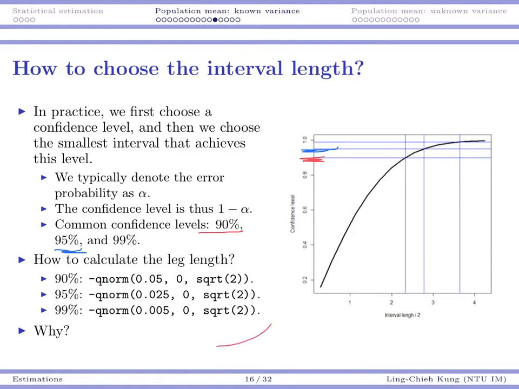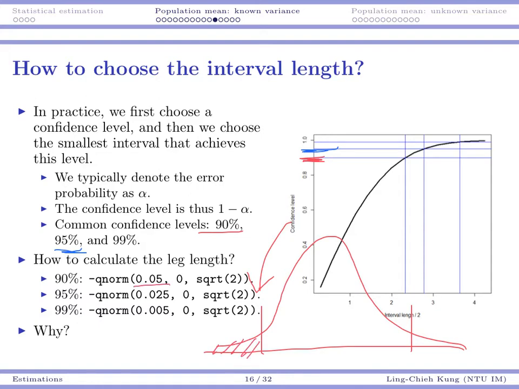Now, we have a normal curve, and we want to ask what's the value here so that the left tail probability is, for example, 5%. When do we use 5%? Obviously, it's when we want the probability of making no mistake to be 90%. If at the center is 90%, then at two tails it's 5%. We want to ask what's the number here so that the left tail probability is 5%.